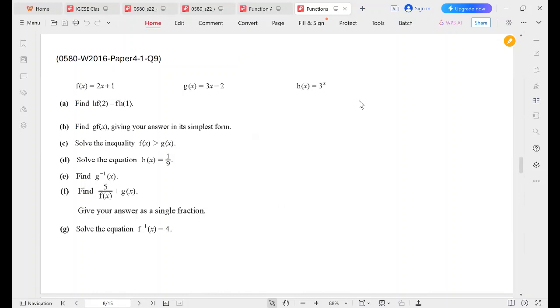In D, we are required to solve the equation h of x equals 1 over 9. So h of x is 3 power x, and this is equal to 1 over 9. In order to solve that, you need to write 9 as a power of 3. So 9, if we prime factorize it, if we divide it by 3, we get 3. If we divide by 3 again, we get 1.